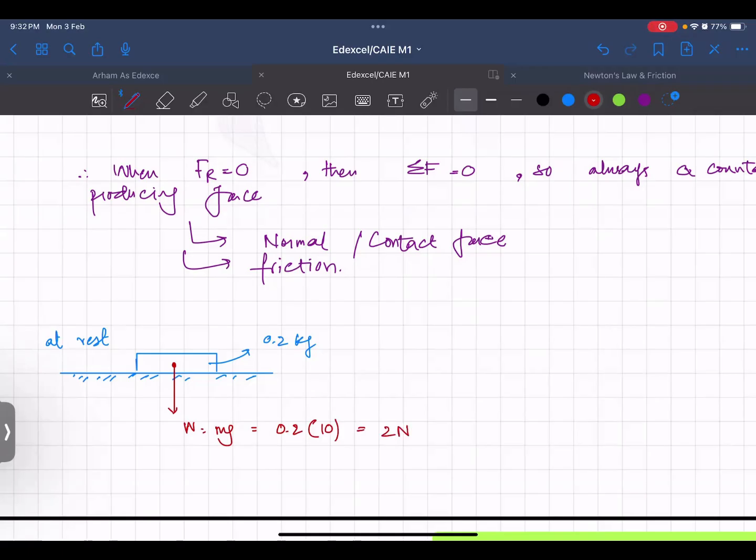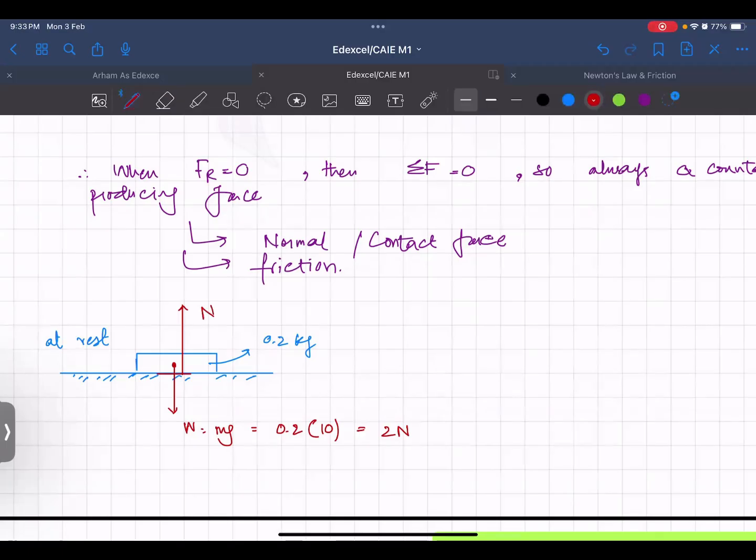And right now we know that this book is at rest. So this means that there is a force which is countering the weight force of the book, acting directly upwards from the point of contact of the book to the table. And this would be the normal contact force, R. We call it most probably R or N, whatever you want to call it.